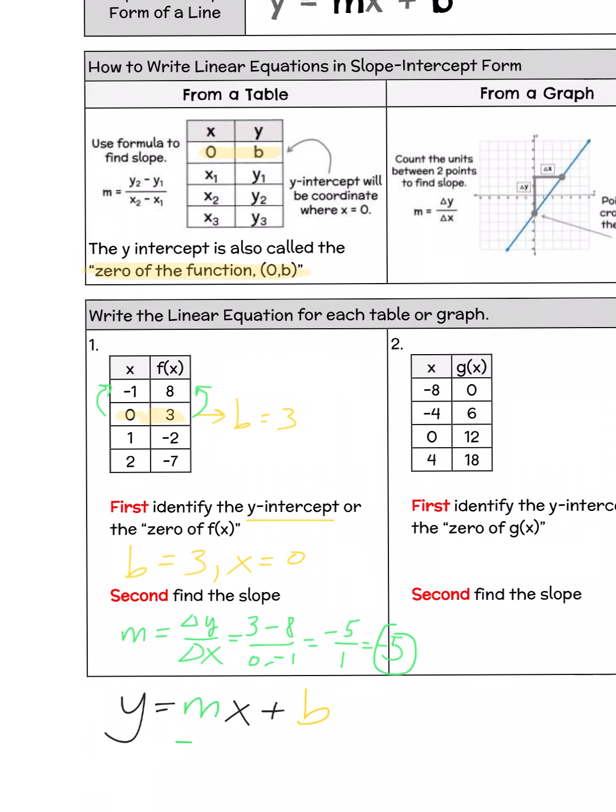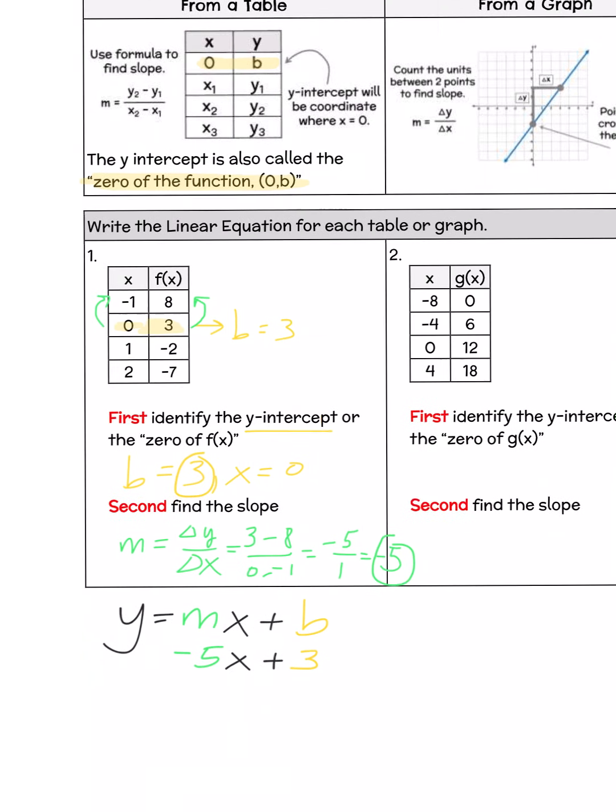I'm going to write negative 5 here, x plus my yellow, which was the 3 that we found earlier from the table. I'm going to put 3 right here. The rest is just copying it straight down as you see it. So y equals negative 5x plus 3. And that's my equation.